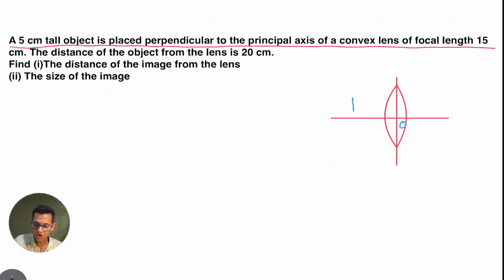Since we place the object on the left hand side, u is always taken negative, like we have seen in mirrors. The height of this object is given, which is measured vertically upwards. This is the height of the object, which is 5 centimeters. So the first thing that is given to us is HO is equal to positive 5 centimeters.